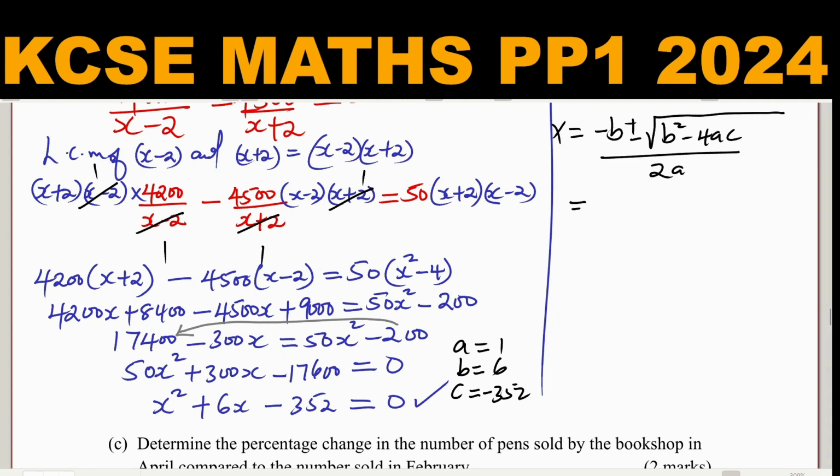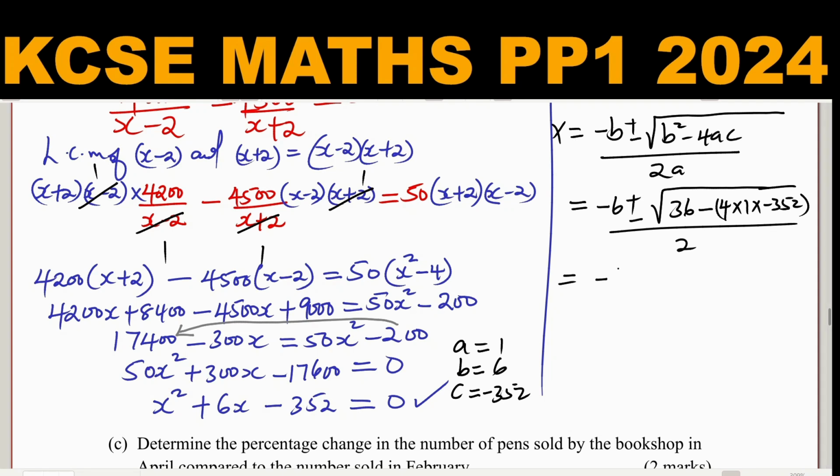We substitute, so we shall have minus 6 plus or minus the square root of b squared, 6 squared, which will give 36, then minus 4 times a is 1 times c is negative 352, then divided by 2a, 2 times 1.